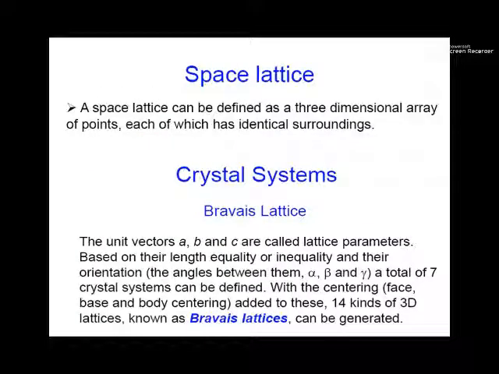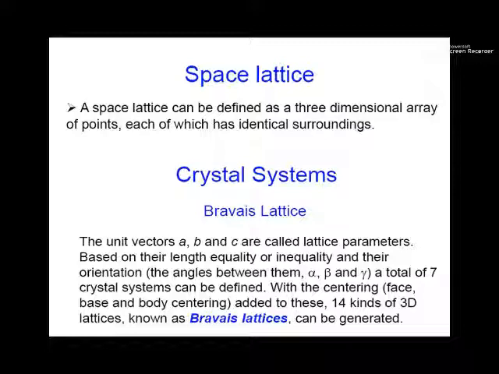Now a space lattice I have defined in the first class: it is the point that is distributed in space in a regular fashion, having identical surroundings.